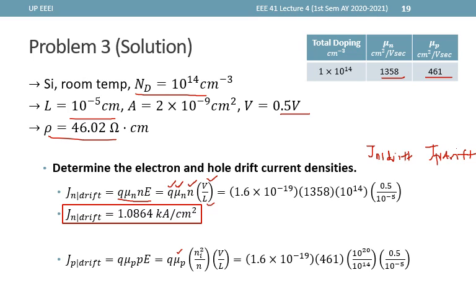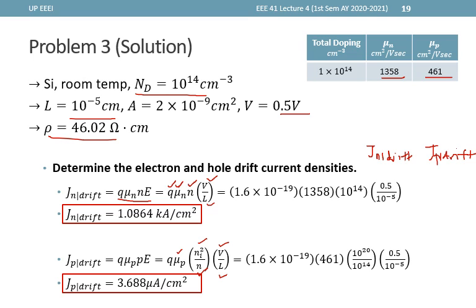So by law of mass action, we have Ni squared, so that's 10 raised to 20 over n, which is approximately Nd, so 10 raised to the 14. The voltage is 0.5 and the length is given 10 raised to minus 5. So we should be able to compute this drift current density for holes. And we'll get the value 3.688 microamperes per cm squared.